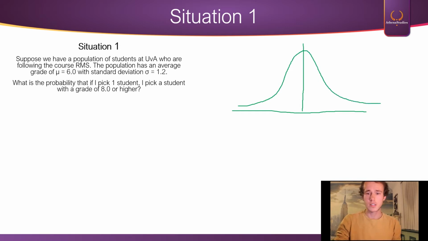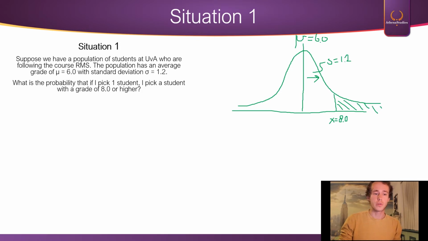So the distribution in this case has a mean of 6.0 because all the observations are still centered around that population mean of 6.0, and it has the standard deviation of 1.2. All right. And we want to check what the probability is that I pick a student who has a grade of 8.0 or higher.